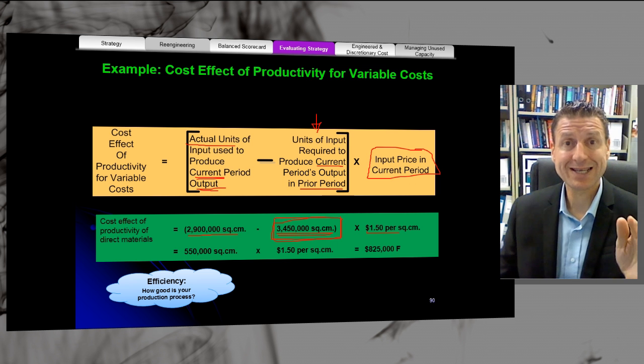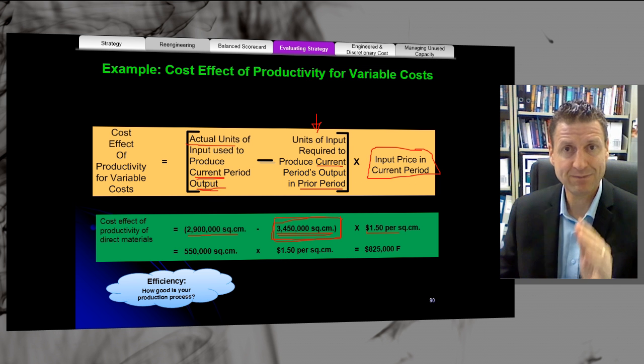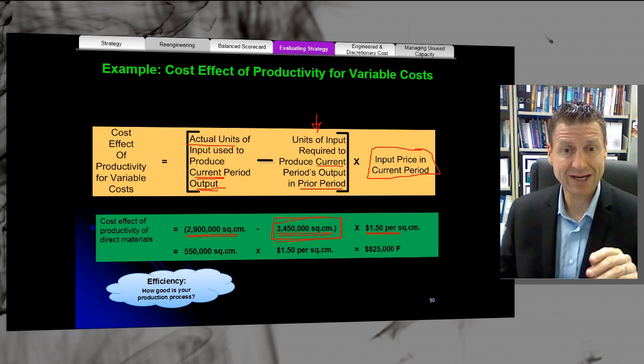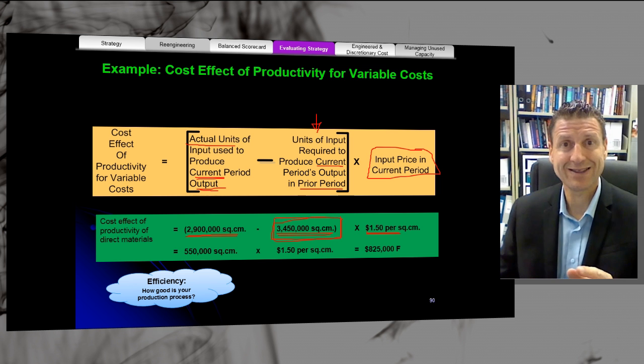Based on 2012 efficiency, we should have used 3.45 million square centimeters, but we only used 2.9 million square centimeters. We multiply that by $1.5 per square centimeter, and then we get our 825,000 favorable. That's a great thing.